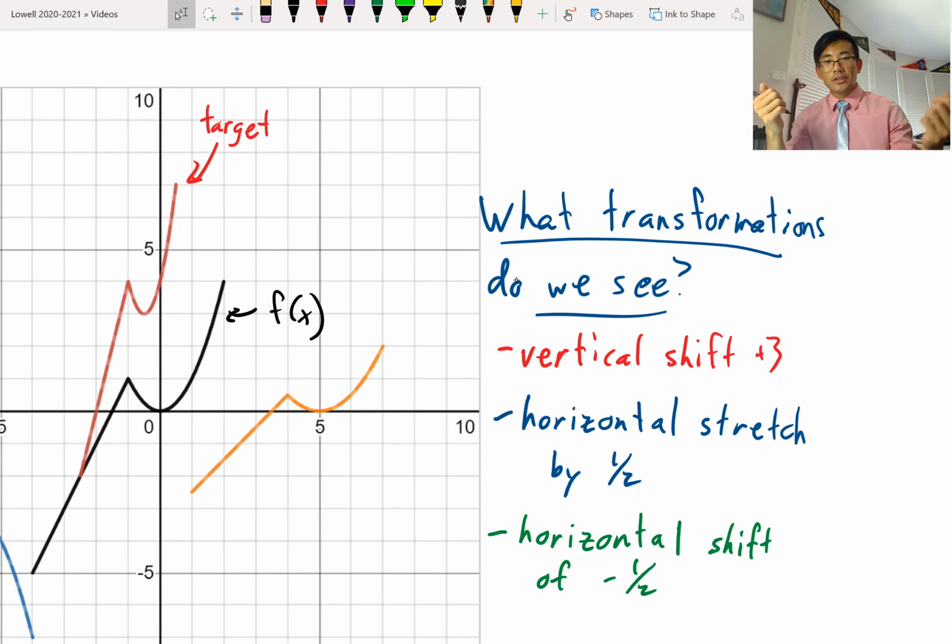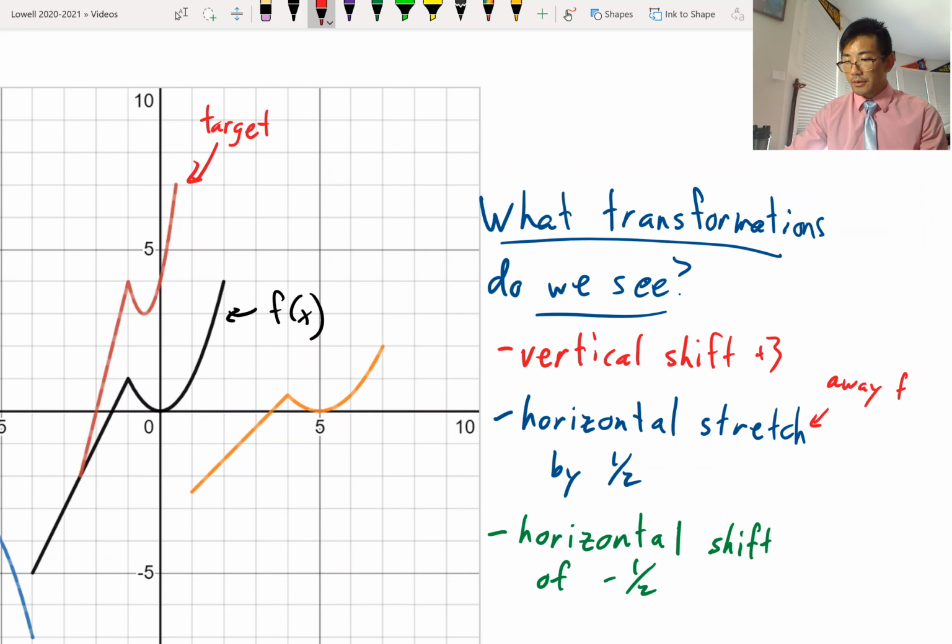A horizontal stretch and a vertical shift don't affect each other, and here's why. Remember that this is a horizontal stretch, so the center of your stretch is the y-axis, and you stretch away from or toward the y-axis.